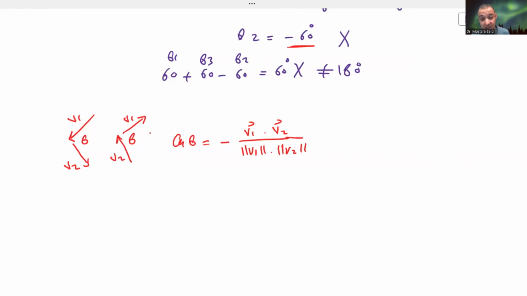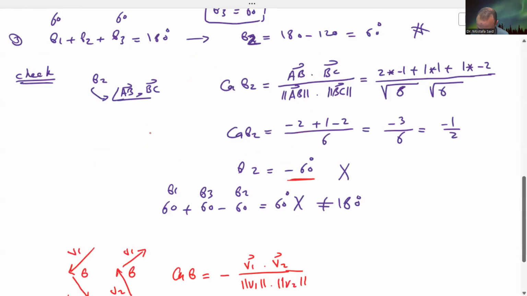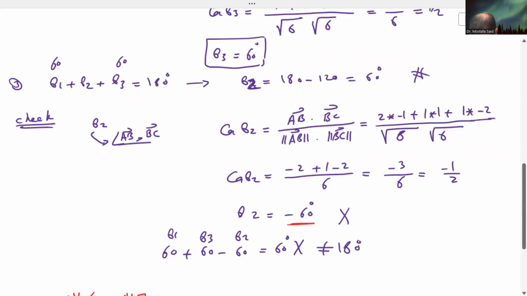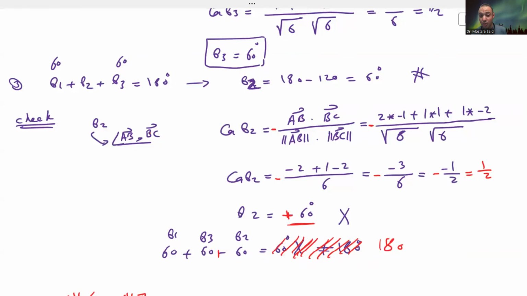Just add a minus. That's what we're going to do here. So I'm going to use the same, but I'm going to put a minus, minus, minus again. So that will be half. So it will be positive 60. And now it's going to be 180. Okay, guys, that was basically the trick.